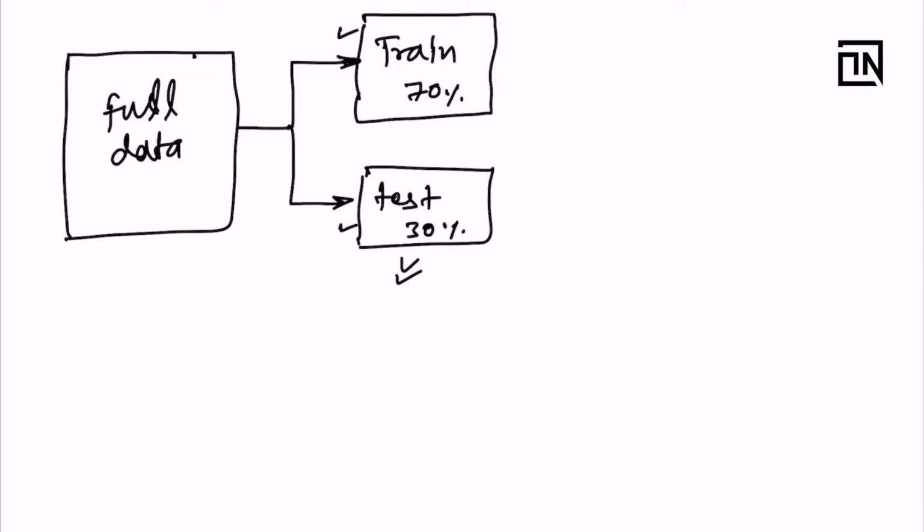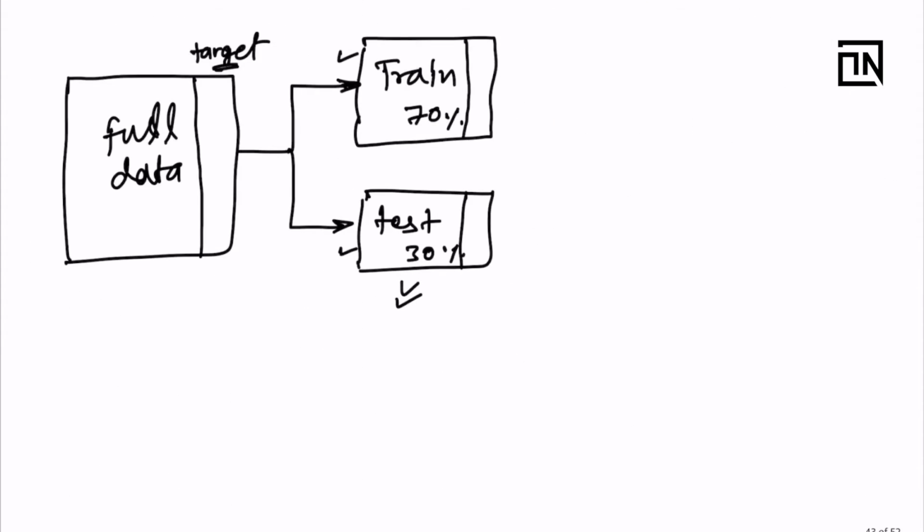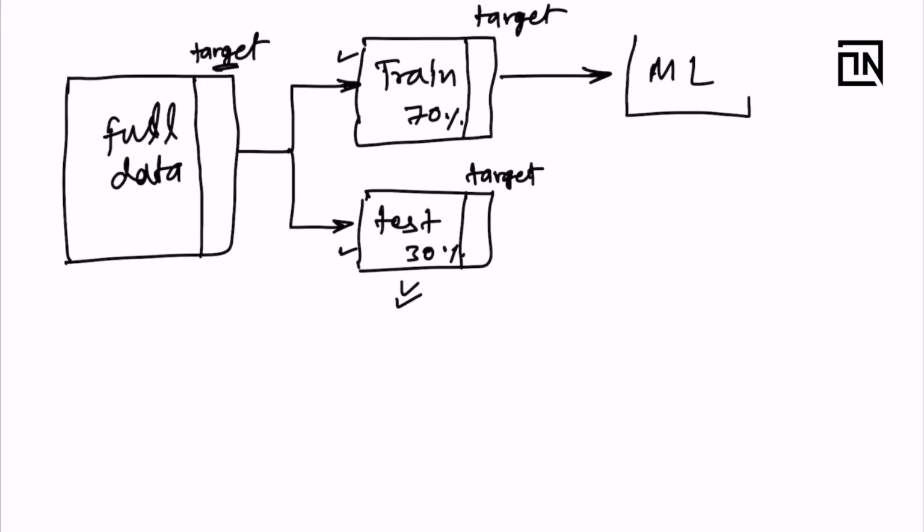So if I just mark down one more column over here and call it my target variable, which is what you're predicting, your sales or demand or number of passengers, the target variable which you're trying to predict, it is present over here also and over here also. Because this full data itself has been split into training and testing. So using the training data, I learn the patterns, I create my machine learning model, and then once I know these are the patterns I have understood, I'll pass my test data to it.